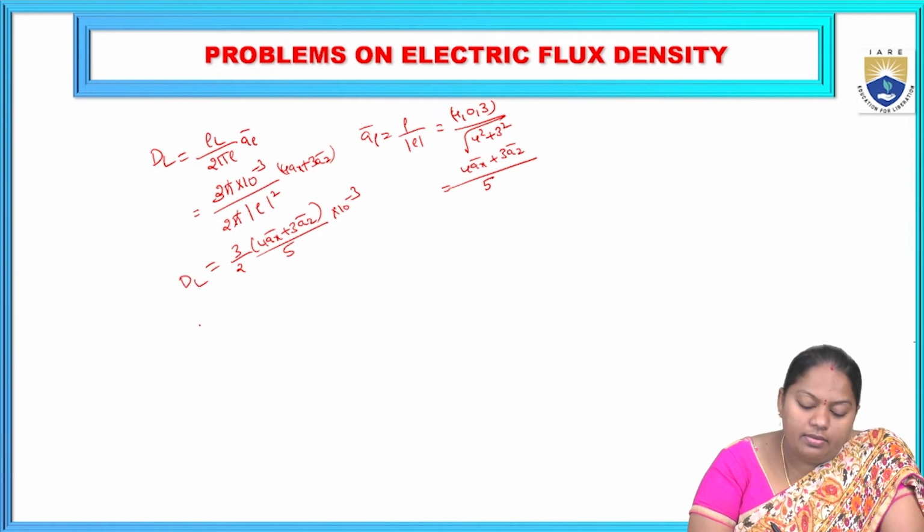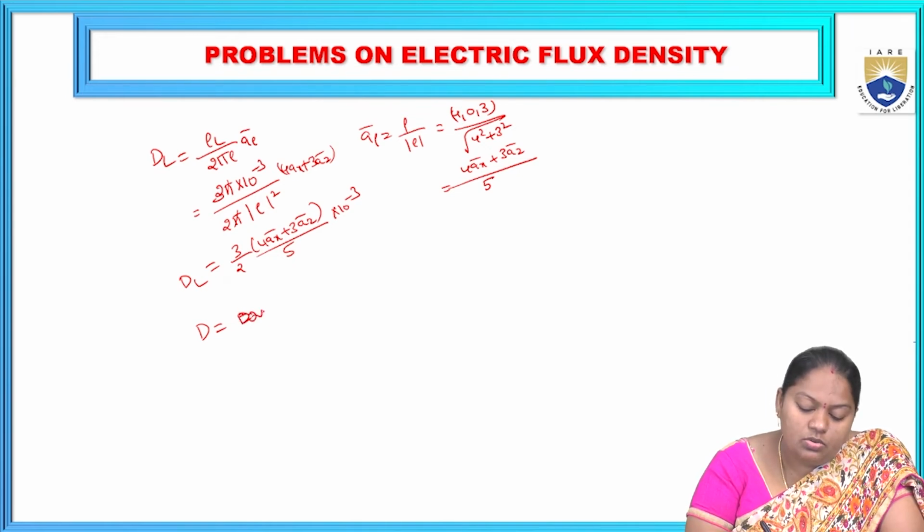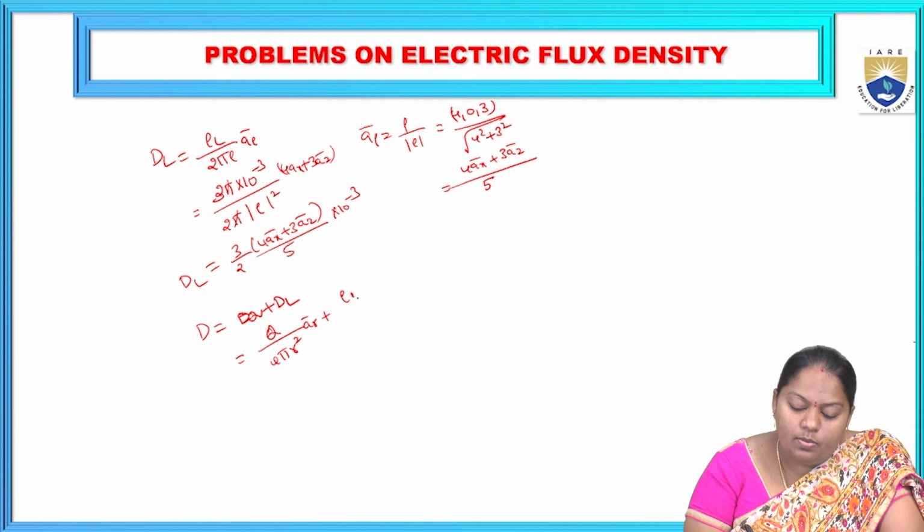So if you finally evaluate the flux density D due to the surface, line and point charges, that is dq plus dl, which is equal to q by 4 pi r square into AR plus rho L by 2 pi rho into A rho.